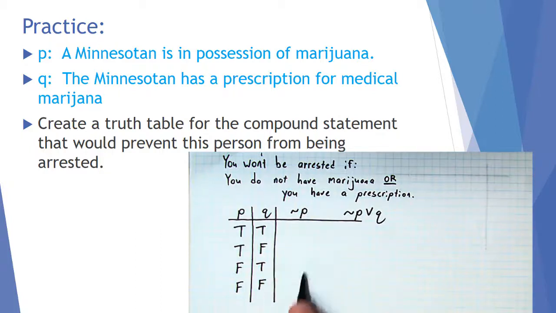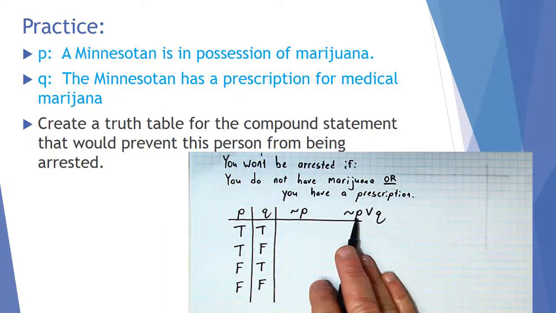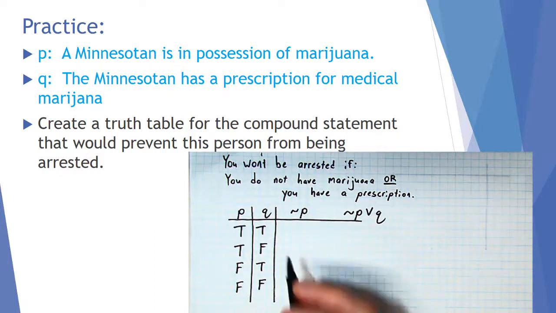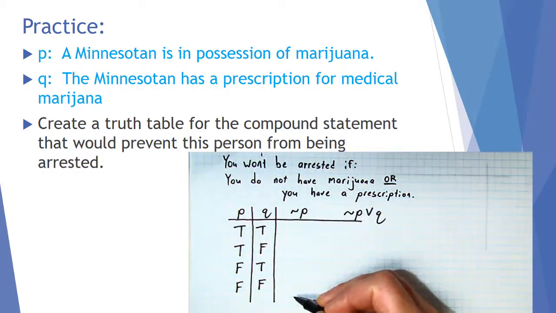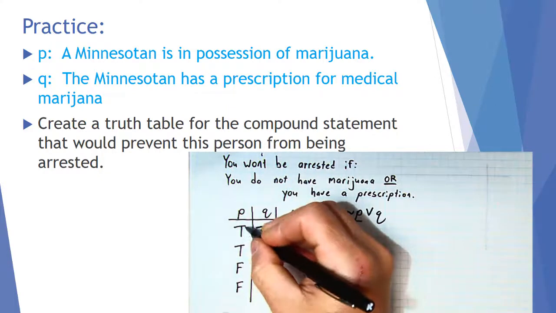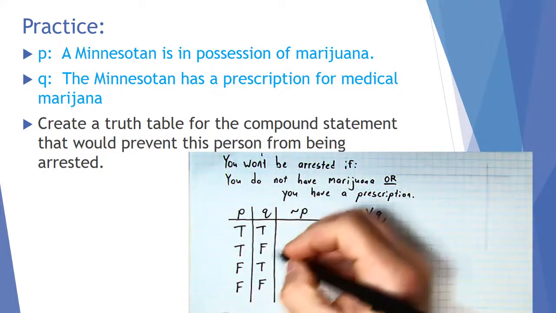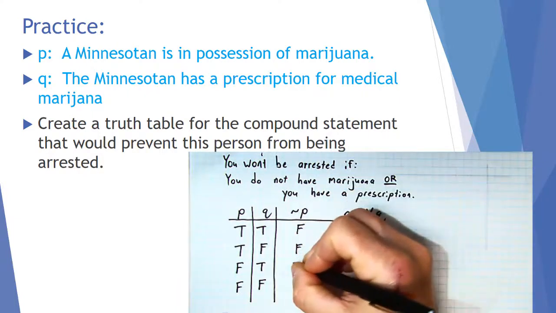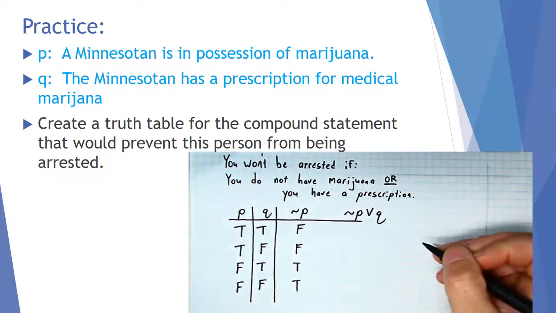But we need to have a not P column before we can determine whether not P or Q is true or false. So let's fill in the not P column. The negation of P will simply be the opposite of P. So since P is true, true, false, false, the negation of P will be false, false, true, true.